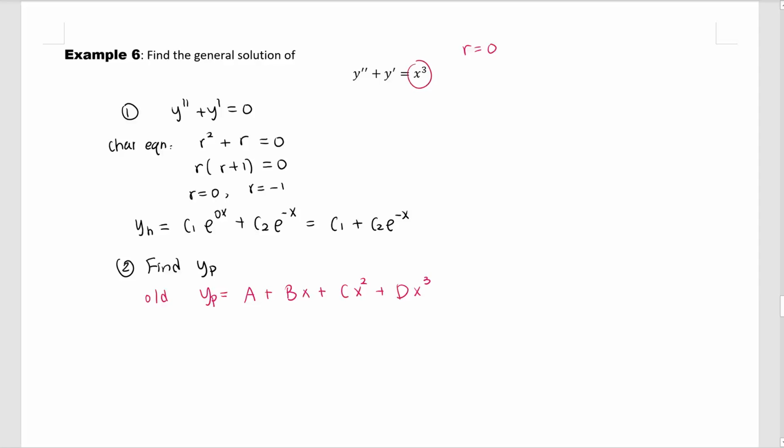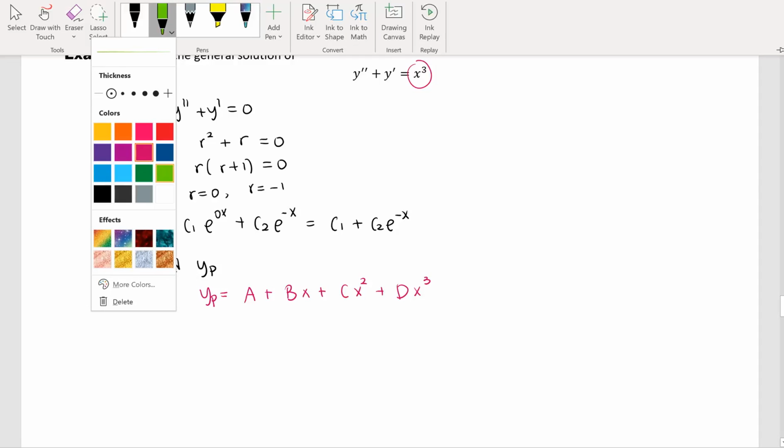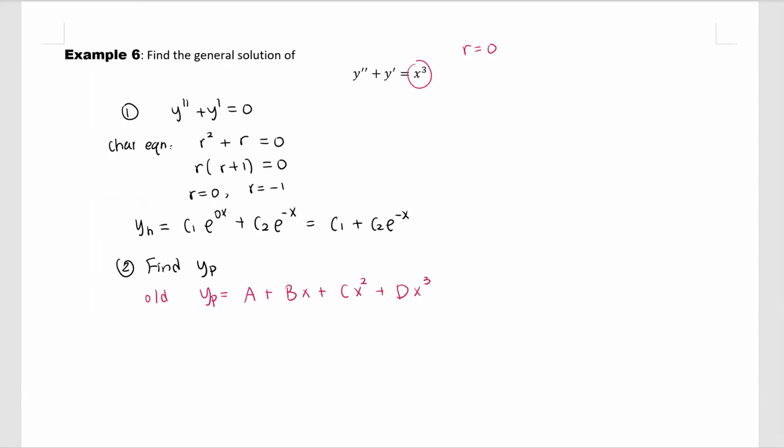So x cubed corresponds to multiplicity 4, right? Okay, so we have 4 terms. And this is the old yp. It means we should have a new yp. That's always the case. After you do your old setup, you look at the right-hand side of the differential equation. And then for the new setup, you also need to look at the characteristic equation.